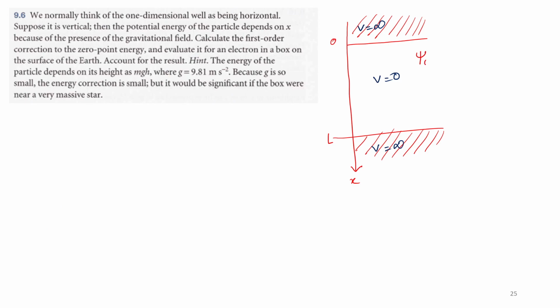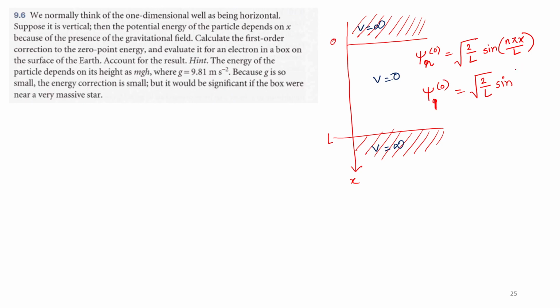So first, your psi n at 0 is root 2 by L sin n pi x by L. Calculate the first order correction to the zero point energy. So the zero point energy again is dependent on n equals 0, so it will be 2 by L sine, not 0 but 1, right?